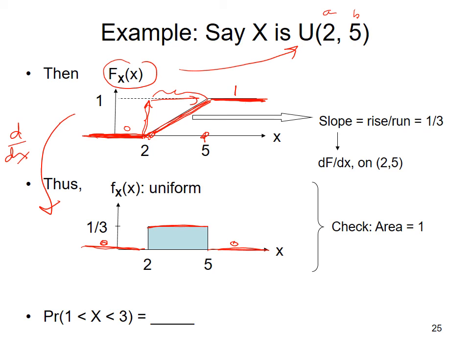Okay, so our claim is that's the probability density function of a random variable that's uniformly distributed between 2 and 5. You should always check when you do a calculation like this to make sure that the area is 1. And notice that this is simply a rectangle here. The width of the rectangle is 3. The height of the rectangle is 1/3. So the area of the rectangle is 1.